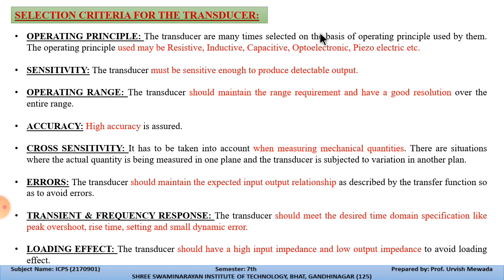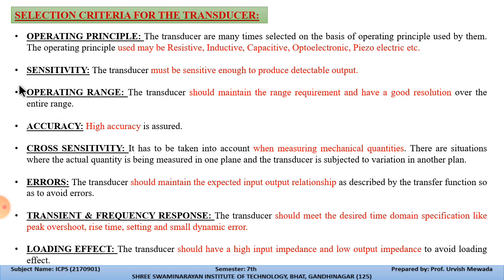The second criterion is sensitivity. The transducer must be sensitive enough, which is the basic requirement. The output generated by the transducer must be detectable, so it should have proper sensitivity and a detectable output for further processing. The third point is operating range. This is an important criterion while we select the transducer.